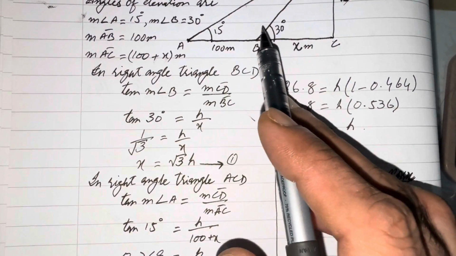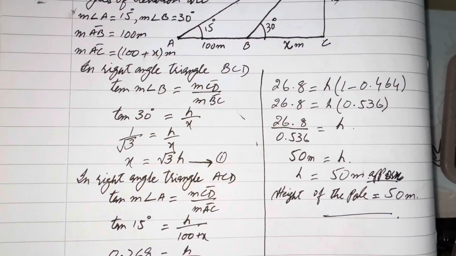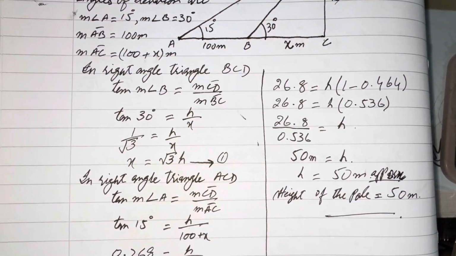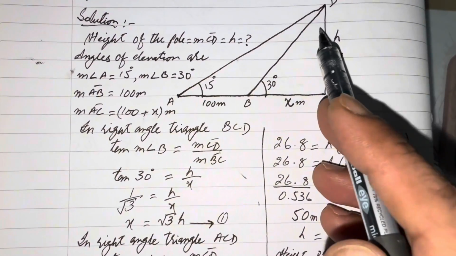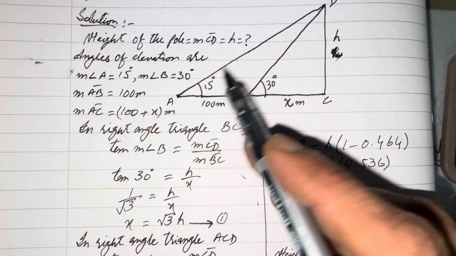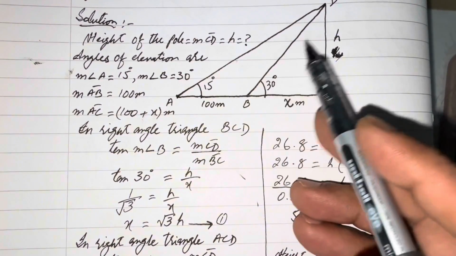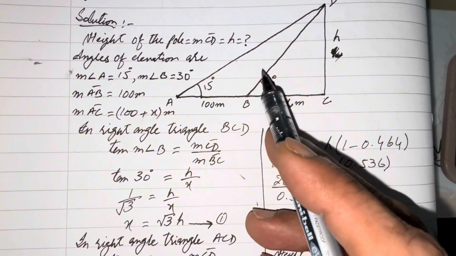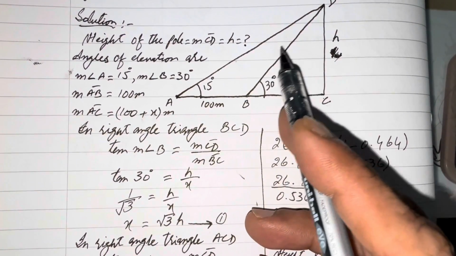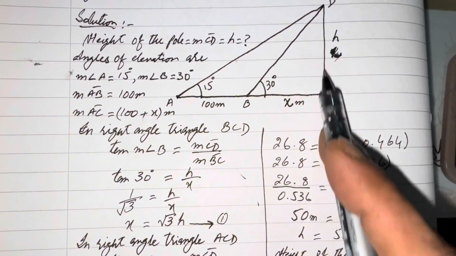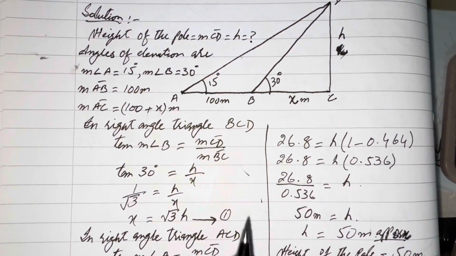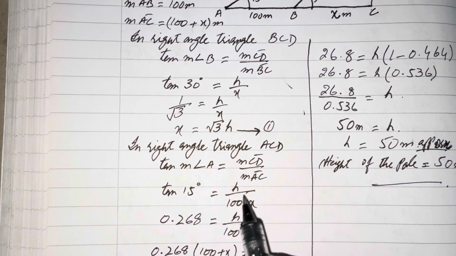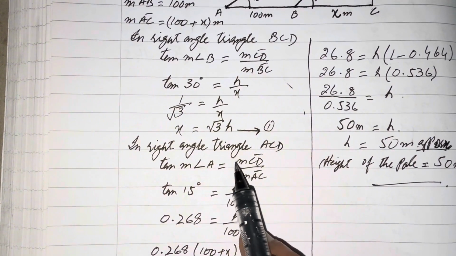So that's a very different kind of question. When we have drawn a picture, we find that there are two right angle triangles in it, so we have to use both of the triangles to find the height of the pole. I have done the whole process in front of you with a clear explanation.